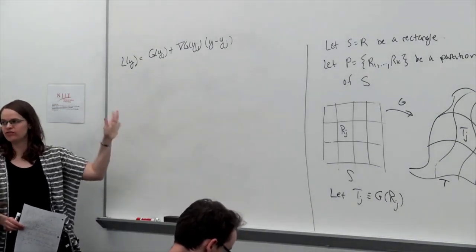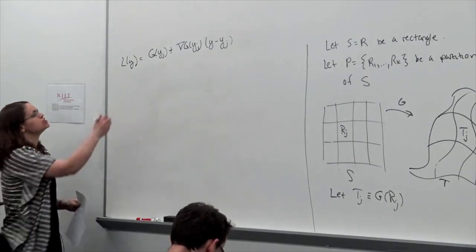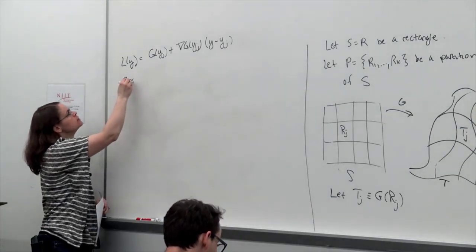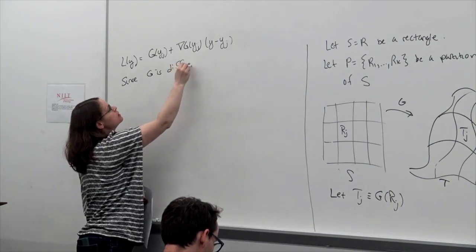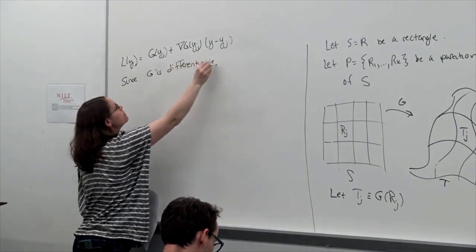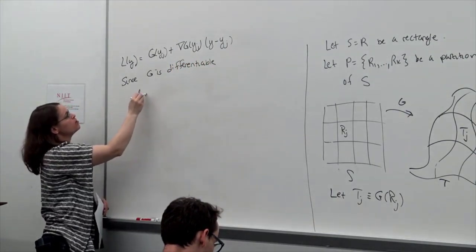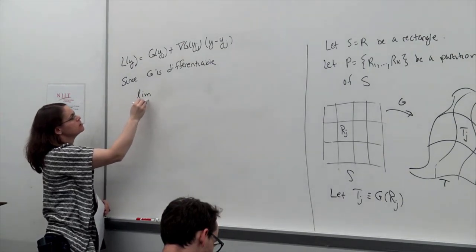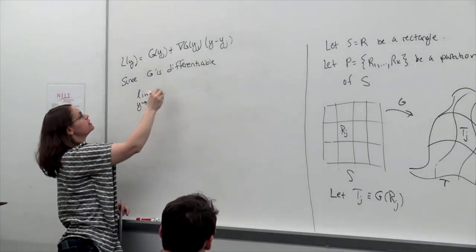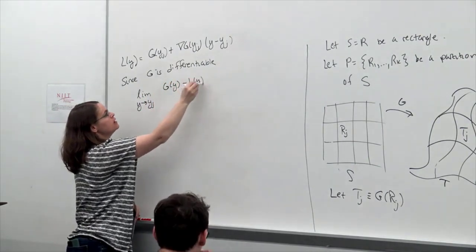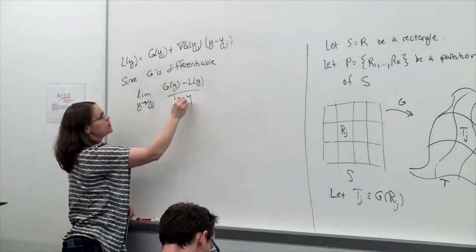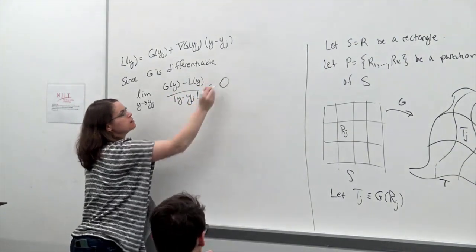Now we've got to make precise what I mean by that. Since g is differentiable, we said that the precise meaning of that is that the limit of the norm of g of y minus L of y, divided by the norm of y minus yj, goes to 0.